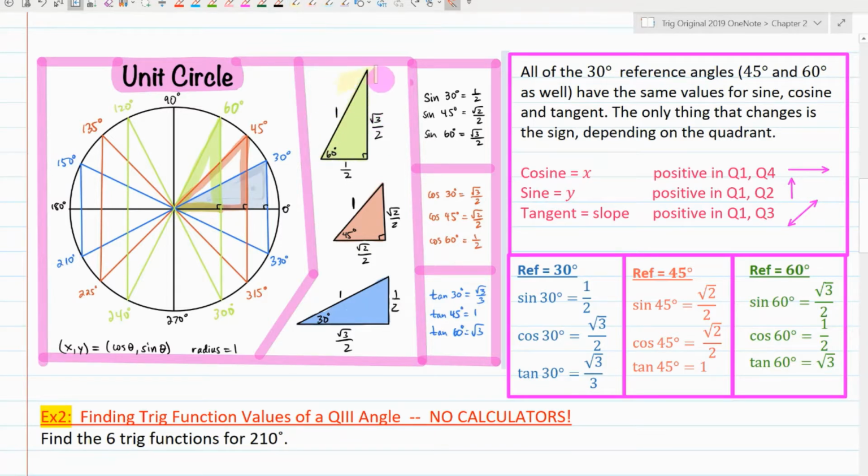In the 60-degree reference angle, this reverses. The short leg is the x and the long leg is the y. Another way of remembering it for sine: as the numbers get bigger, the sine values get bigger. It goes 1 over 2, 2 over 2, 3 over 2.